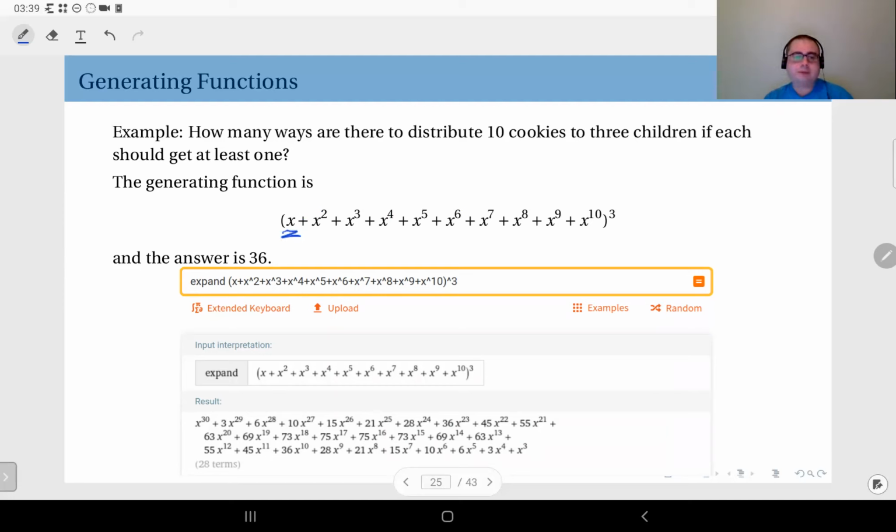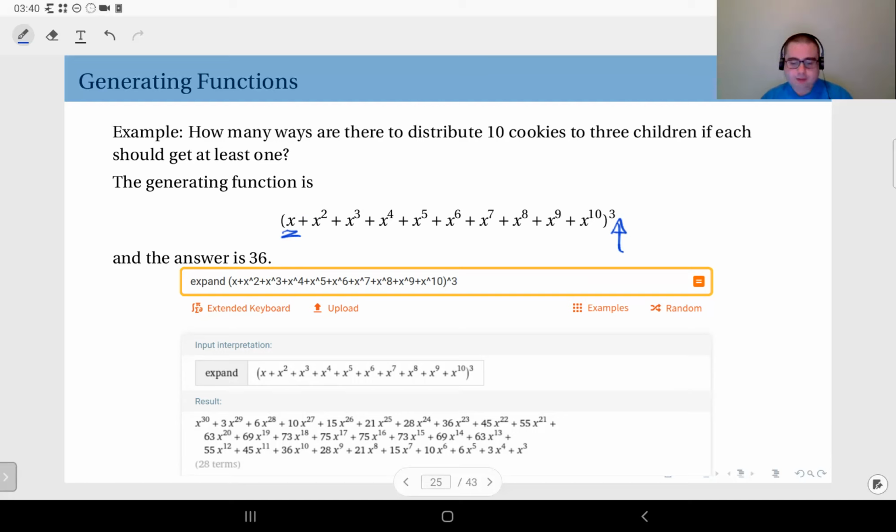Why? Because I'm disallowing the configuration where any of the children gets 0 cookies. So that is disallowed, and therefore the generating function starts from x to power 1, and then x to power 2, x to power 3, etc. And I take the third power here because I have 3 children, so each of their generating functions are multiplied.